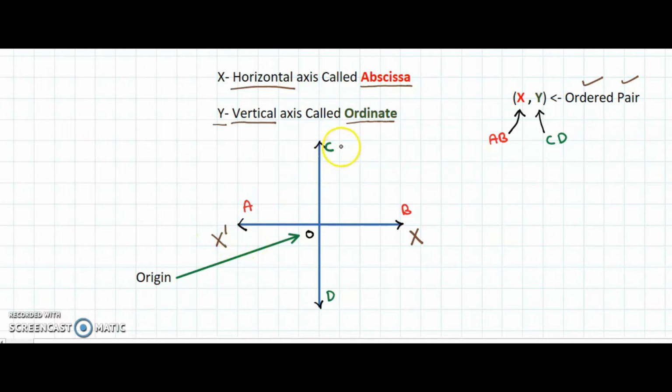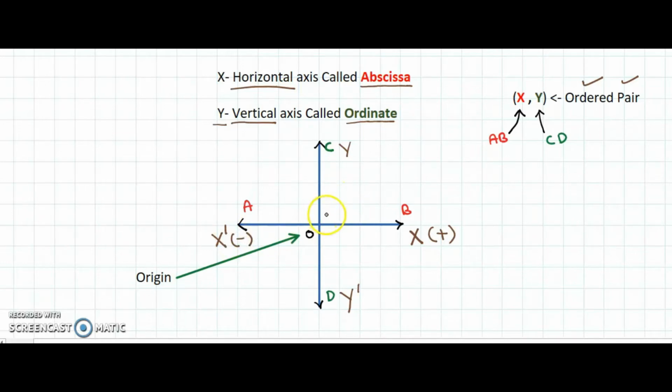The point C will be called y, whereas point D will be called y dash. Why is it so? Because on the side OB we are going to take all the values as positive, whereas on x dash, opposite to OB, that is OA, we are going to take all the values as negative.